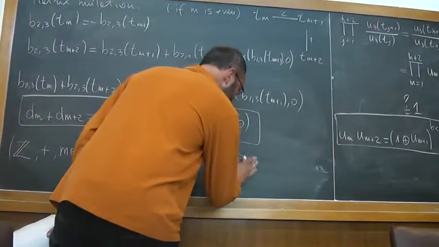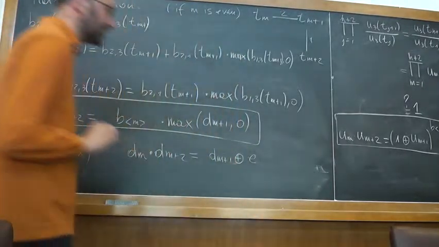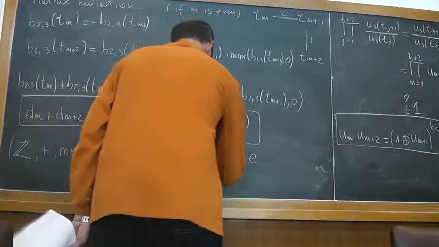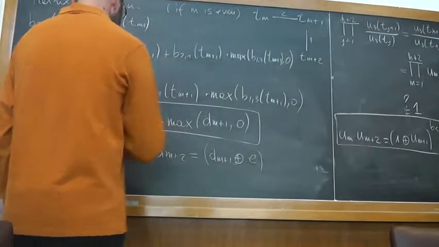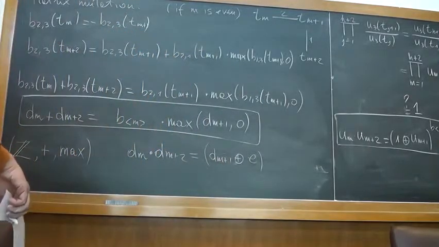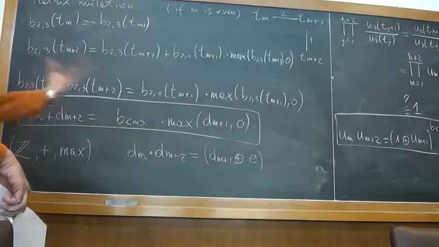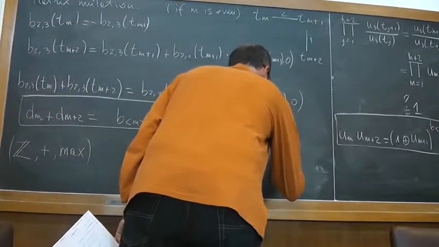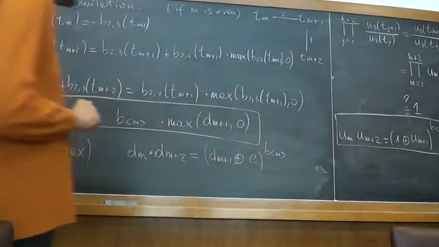Well, this is ambiguous. Maybe we denote it by E, the identity with respect to the product, which is the element 0 in here. And this product becomes an exponent. Right.